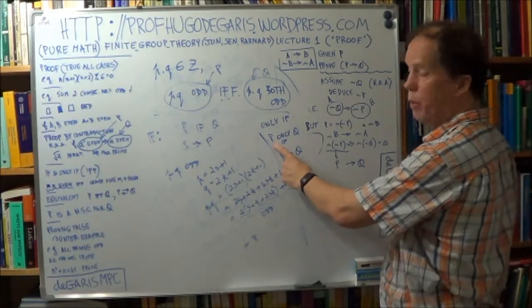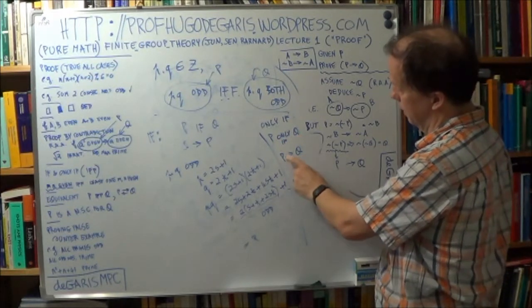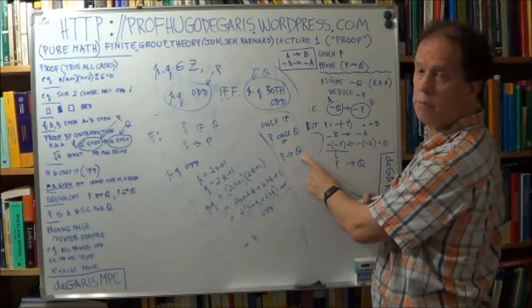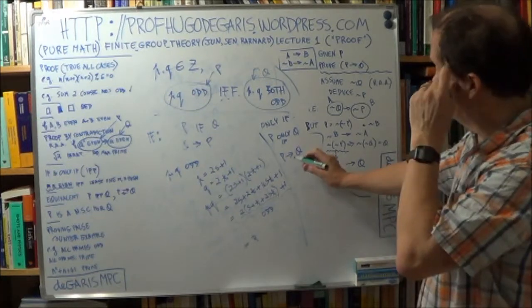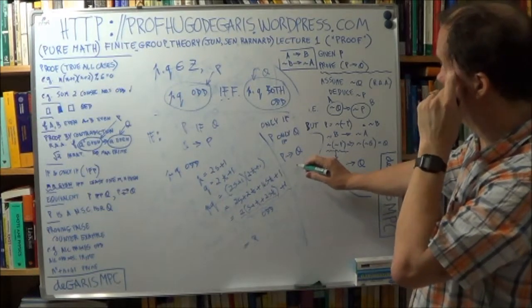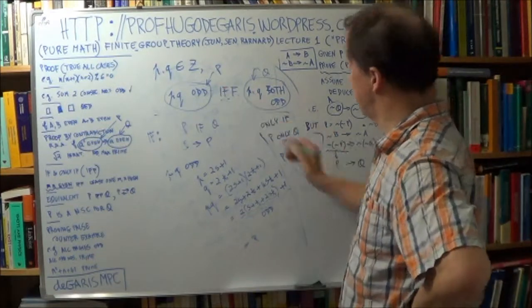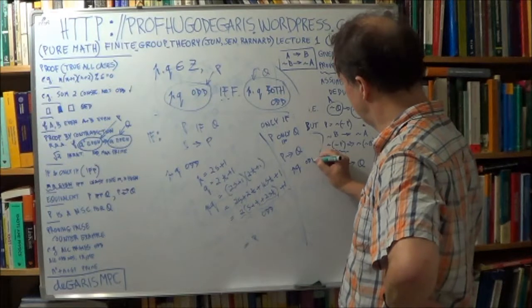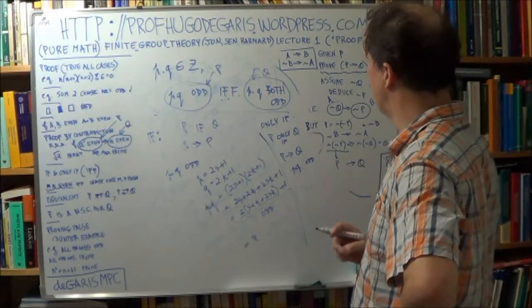The only way you can get P is by having Q. So if you do have P, you know you must have had Q. So we start with P, which is PQ is odd, and we have to deduce Q.